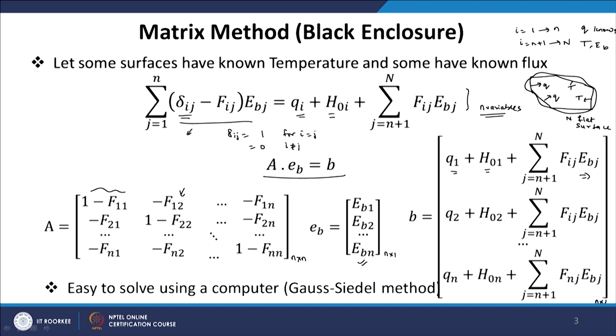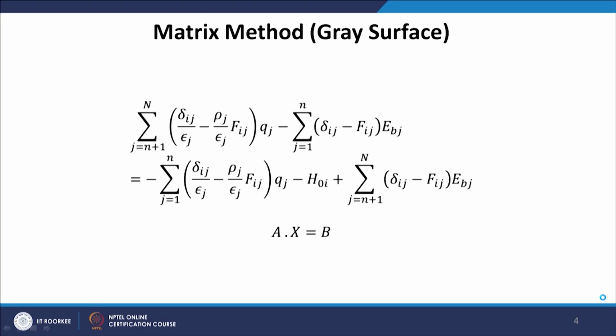We can program this equation and apply any linear solver like Gauss-Seidel to solve for the unknown temperature or MSC power E b. Once the MSC power is known, we can find the unknown heat fluxes by just substituting these values in the original equation. Okay. So, this was for the black surfaces.